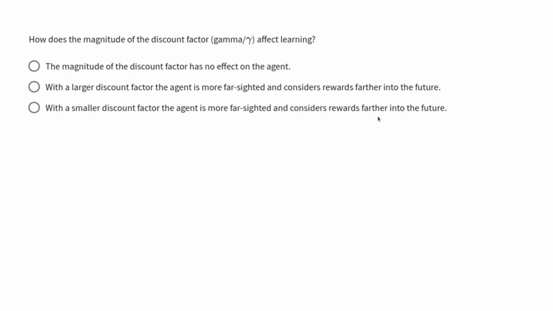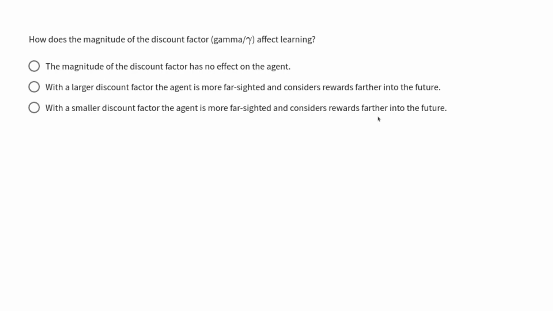Now what would be the answer? If I put gamma large, will I be far-sighted or short-sighted? If I put gamma less, will I be far-sighted or short-sighted? Let's take one case study. The overall cumulative reward looks like R0 plus gamma into R1 plus gamma square into R2 plus dot dot dot. Gamma is possible between 0 and 1. Let's assume we put gamma very high, 1. Then it will be R0 plus R1 plus R2 plus R3, like that.